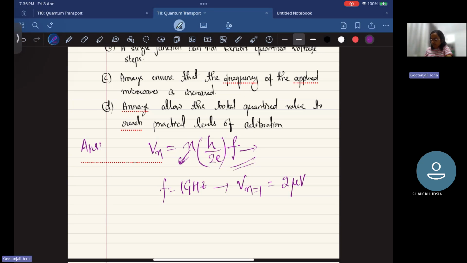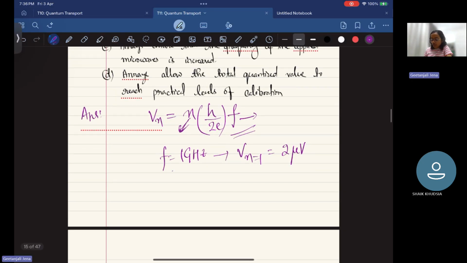So for this frequency, you are still getting a voltage in the order of microvolt, and this is not quite a practical value to measure.